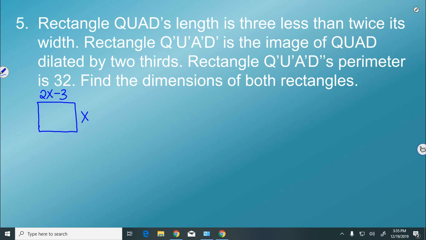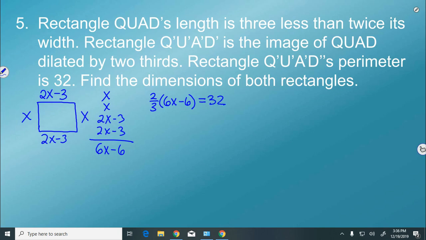So first let's start with the perimeter because it tells us perimeter. So remember, perimeter is when we add all the sides. So if I find the perimeter here, I have x, 2x minus 3, and 2x minus 3 again, and x, which gives me 6x minus 6. Now, if I dilate that, I'm multiplying by 2/3. So that's 2/3 times 6x minus 6 equals 32.